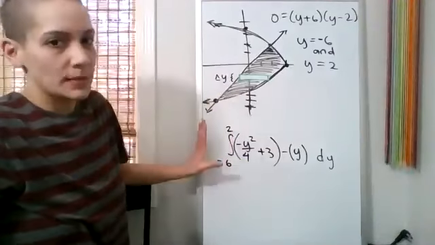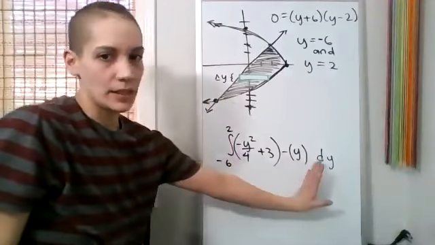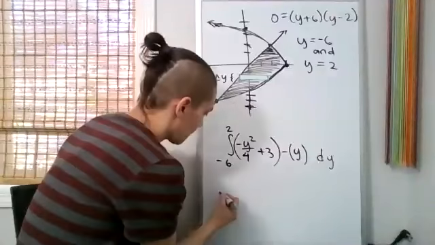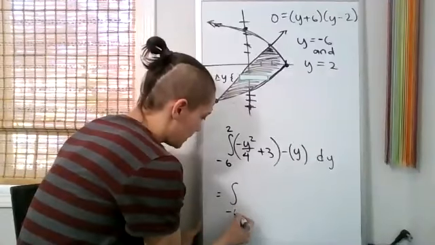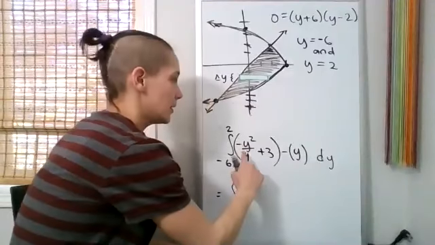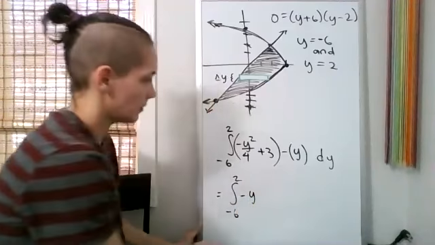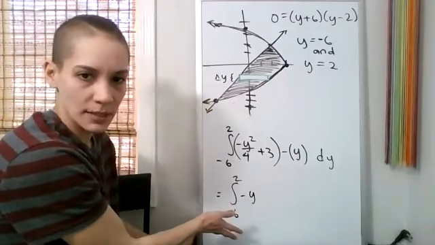Okay, so if the setup was the hard part, now we just do the integral with respect to y. All right, integrate from -6 to +2. Negative y of this. It's just something that we can do.